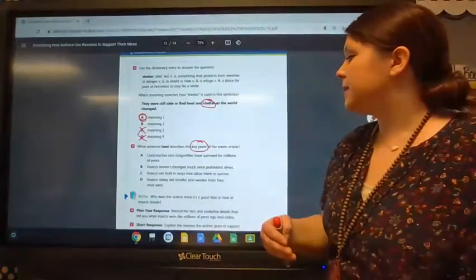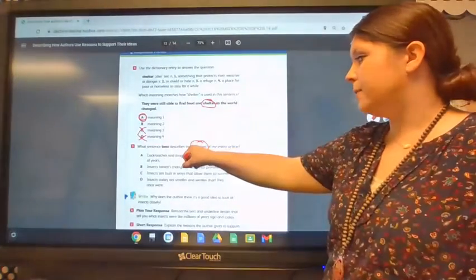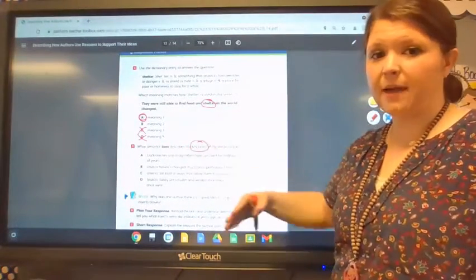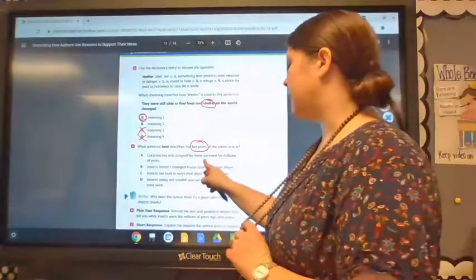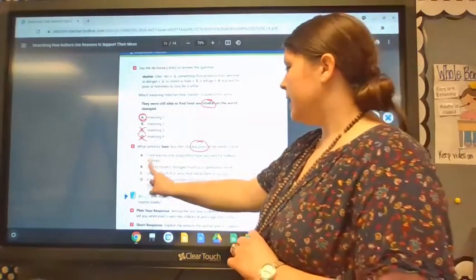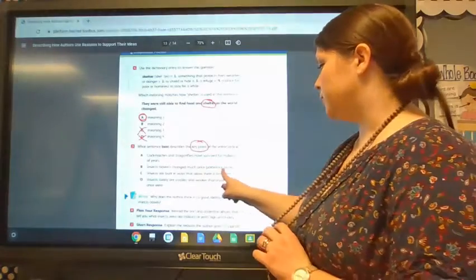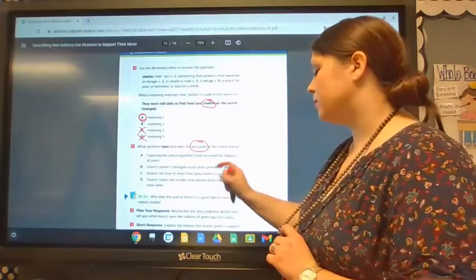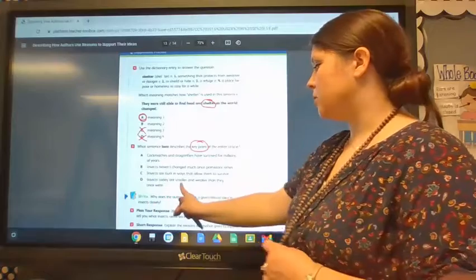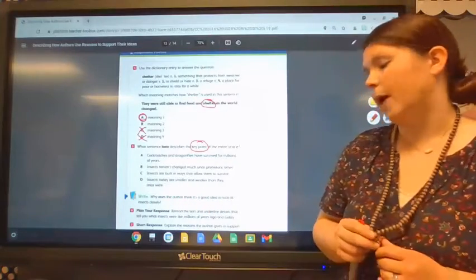So we need to find a sentence that best describes that insects haven't changed much today. Cockroaches and dragonflies have survived for millions of years. Insects haven't changed much since prehistoric times. Insects are built in ways that allow them to survive. Insects today are smaller and weaker than they once were.